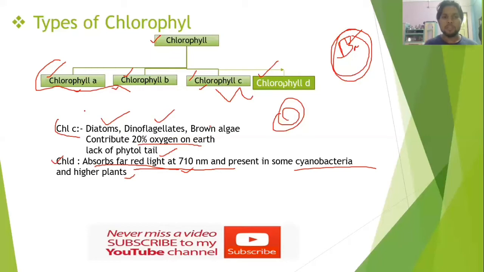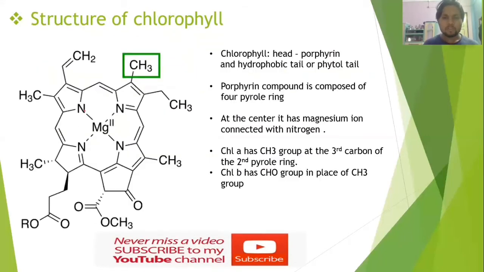Now we'll see the structure of chlorophyll. So this is the structure of chlorophyll. This R, you can see, is actually the phytol tail.